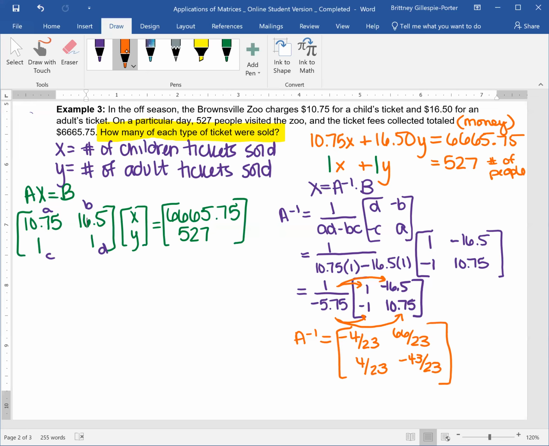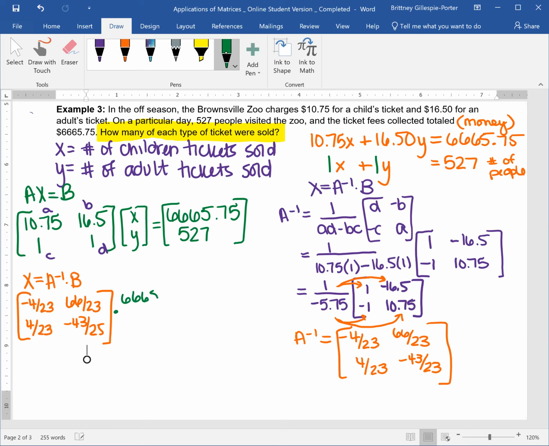Now that we have found A inverse, we can solve our equation. Remember, X is equal to A inverse times B. So we're going to take the matrix we just found with all of the fractions, and we are going to take that times our B matrix, which was our 2x1 that had the money and the number of tickets sold.